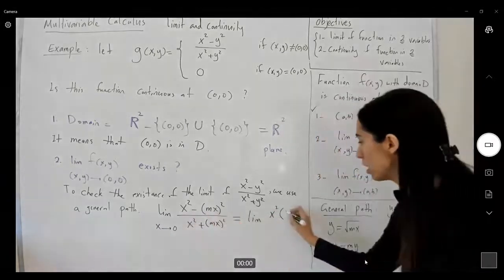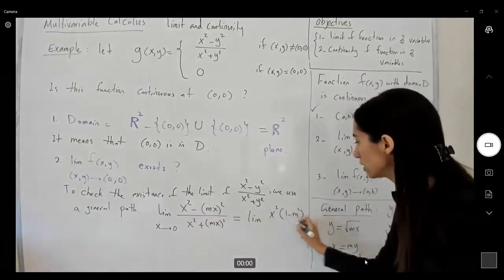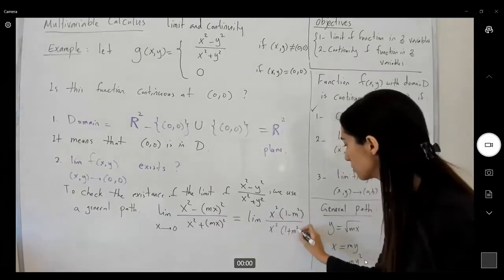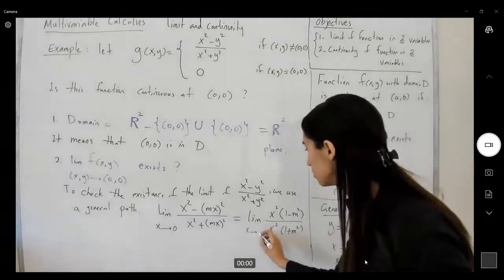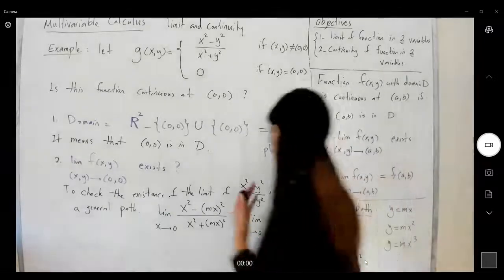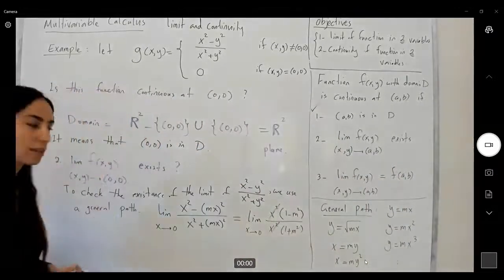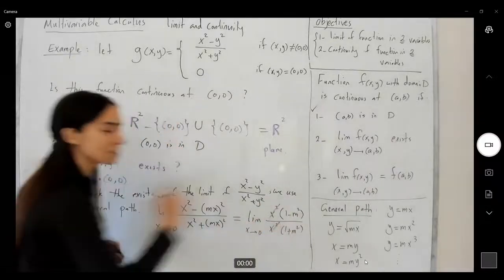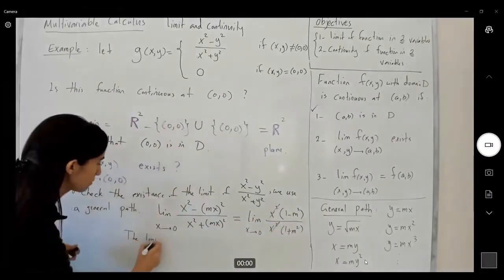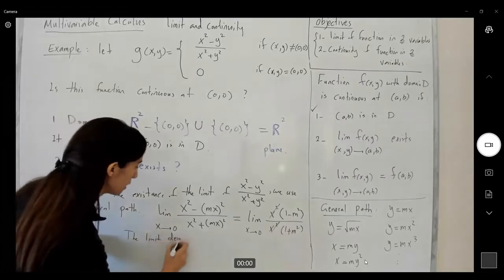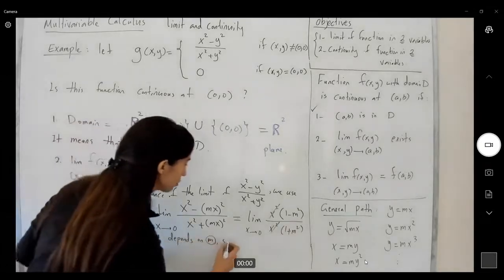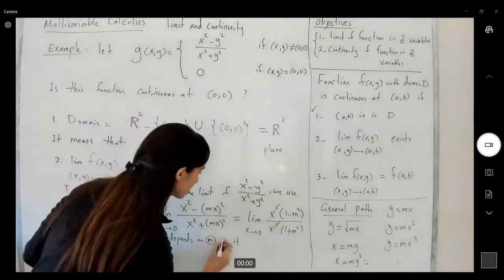Factoring out x squared, I get 1 minus m squared divided by x squared, 1 plus m squared, and x goes to 0. Of course, I can cancel the common factors, and as you can see, unfortunately, the limit depends on m, so it doesn't exist.